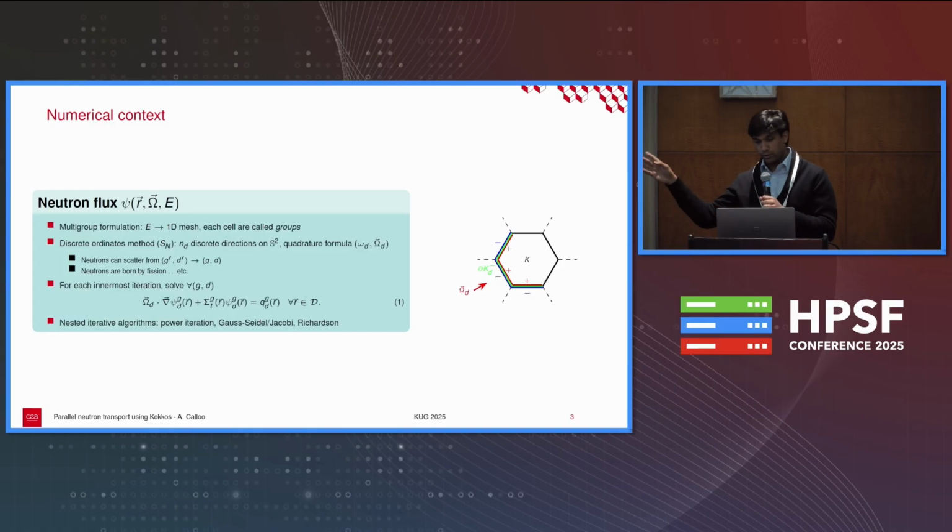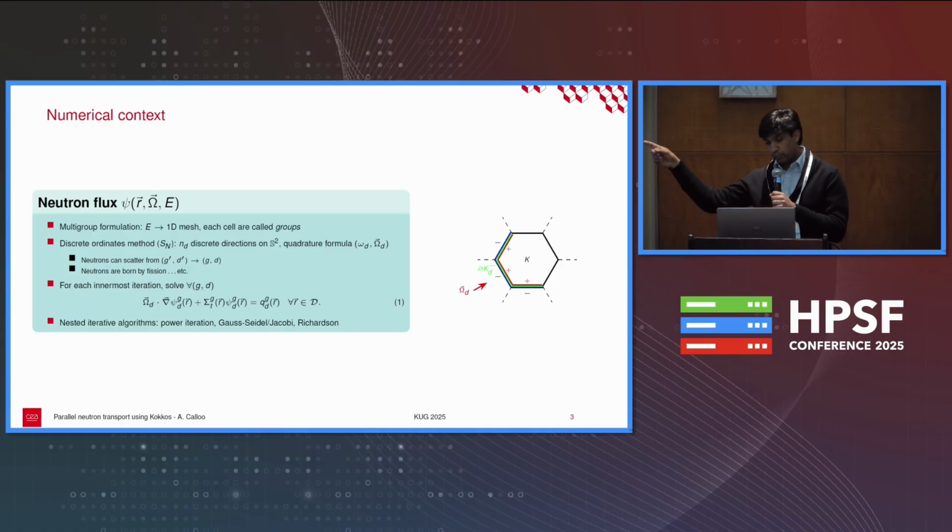So the way we usually do this, we have the equation down there. We take the energy variable and make it a 1D mesh; the cells are called groups, whatever, we don't care. For directions, we use discrete ordinates, where we put different points on the unit sphere and solve for each of those points.